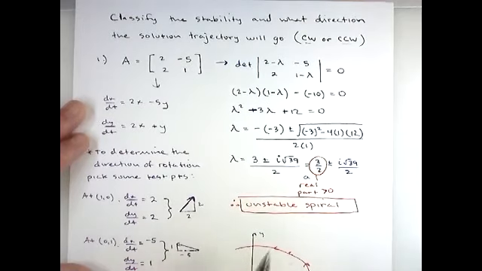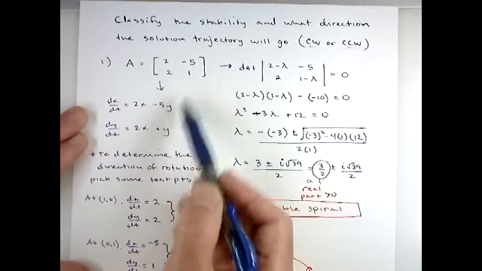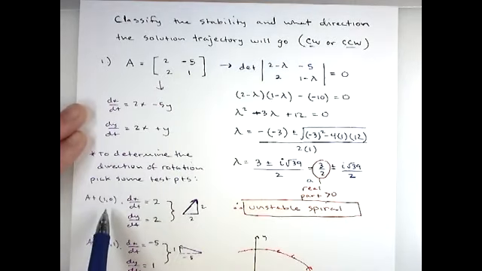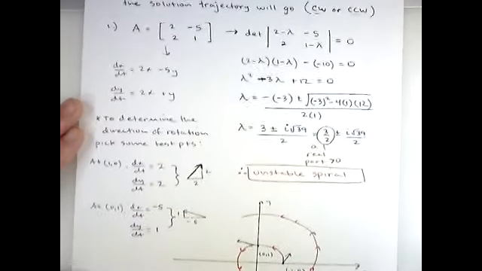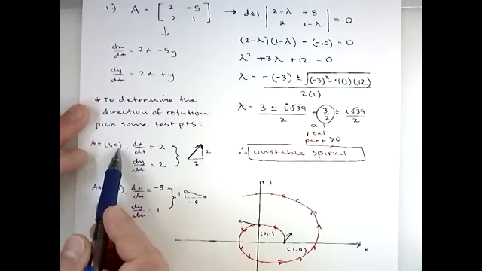To determine the motion, whether it's going to be an unstable spiral that spirals counterclockwise or clockwise, remember that matrix really stands for this system of differential equations. And you might pick some test points here. We didn't have any initial conditions, so let's just pick, and you can pick more than one, say 1, 0.